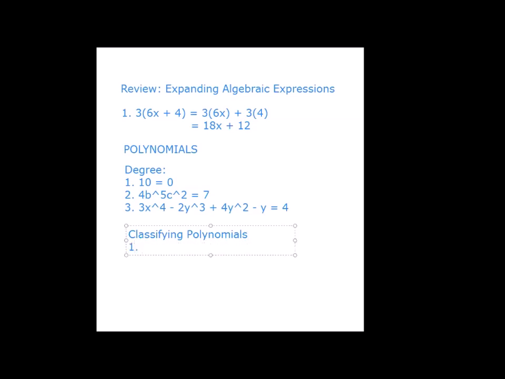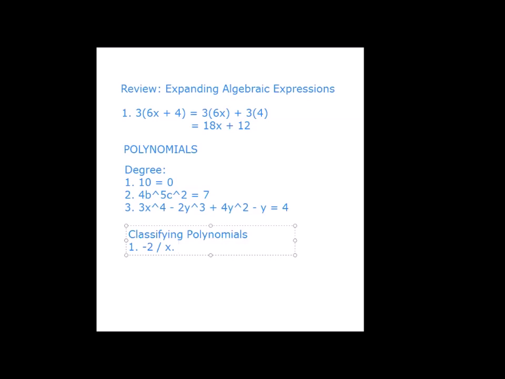Example, negative 2 over x. We are going to classify if it is a polynomial or not, and then name it a monomial, a binomial, or a trinomial. Yes, ma'am.